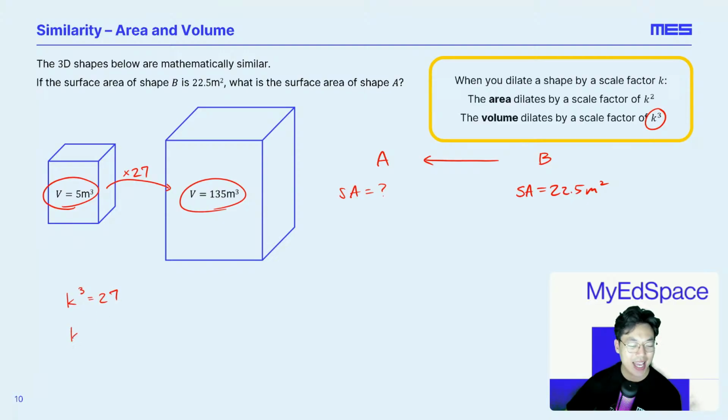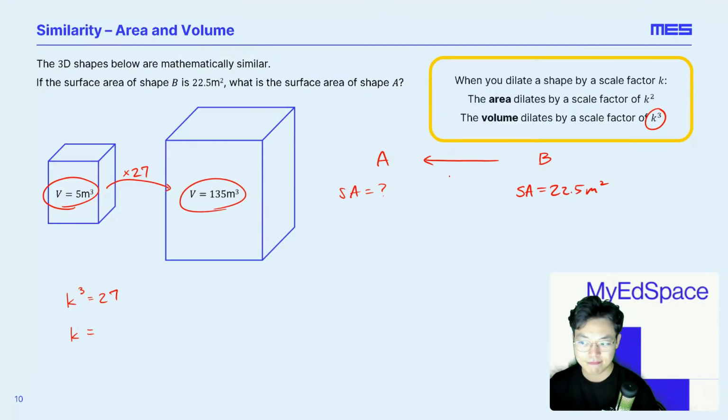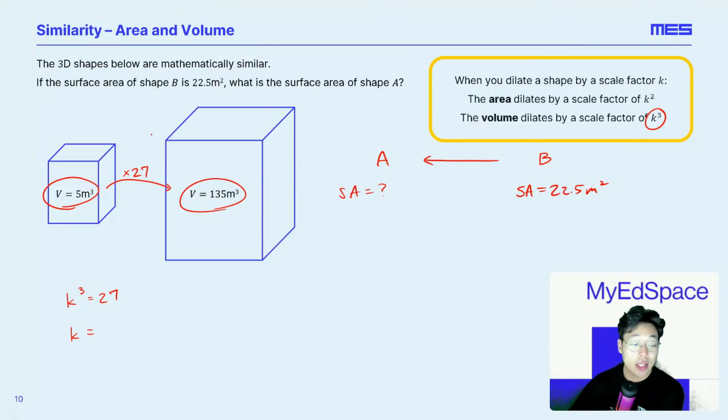So what is k equal to here? What is our scale factor for this problem? Knowing that this is shape A, this is shape B. 3. Beautiful, Maddie. So we have 3. Now, we're working with surface areas here.